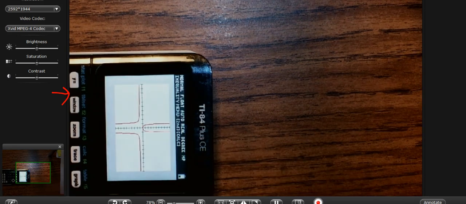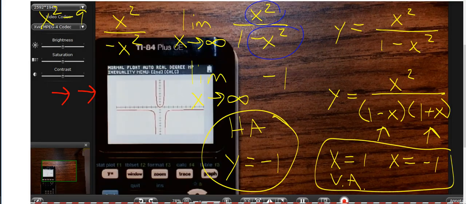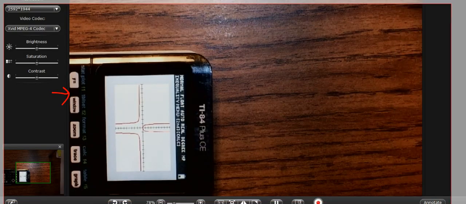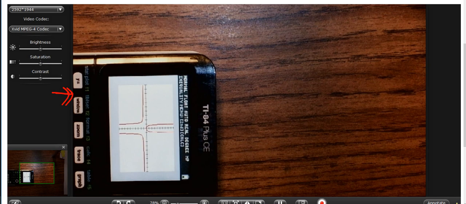I'm going to turn the graph on its side. Okay, so on this particular picture, where is negative infinity for the y values?